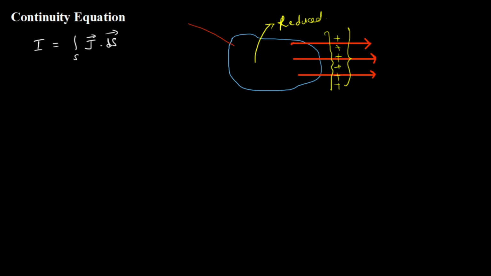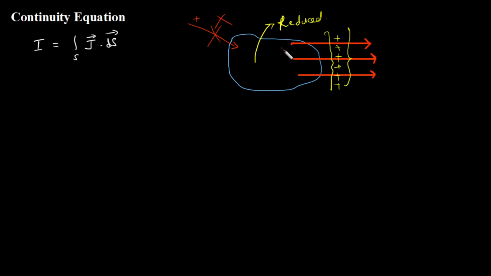This is based on the assumption that there is no charge entering this closed surface. That's very important. No charge can enter this closed surface during this course of events. Assuming that there is no charge entering, the reduction of charges here will be directly proportional to how many charges are coming out, which in turn gives me the current. That is, the outward rate of flow of charge gets balanced by the rate of decrease of charge inside the closed surface.